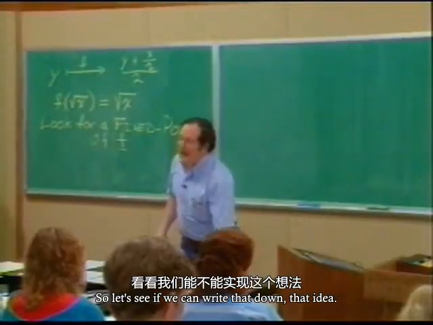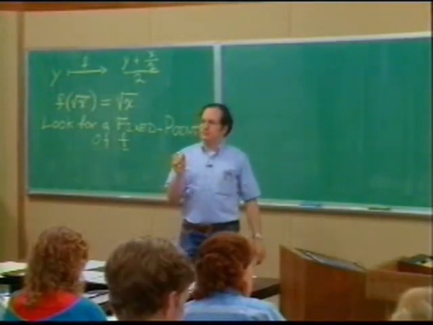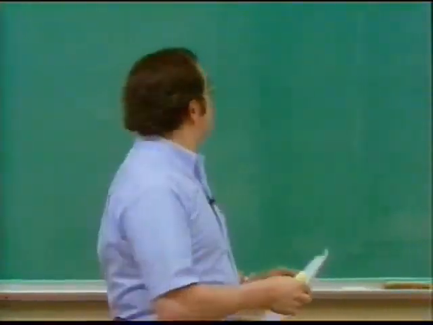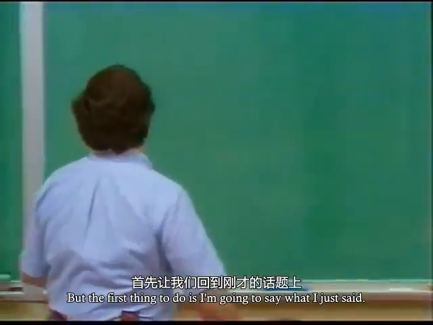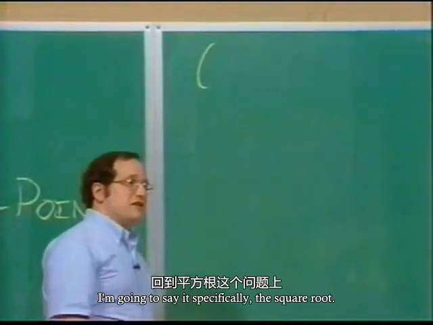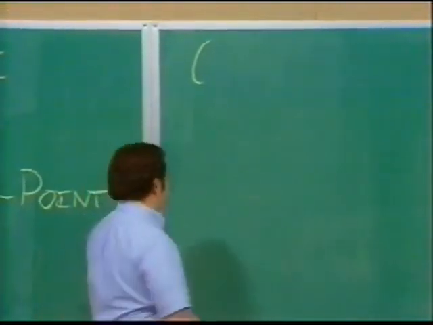So let's see if we can write that idea down. Now, I'm not going to say how I compute fixed points yet. There might be more than one way. But the first thing to do is I'm going to just say what I just said, specifically for square root.